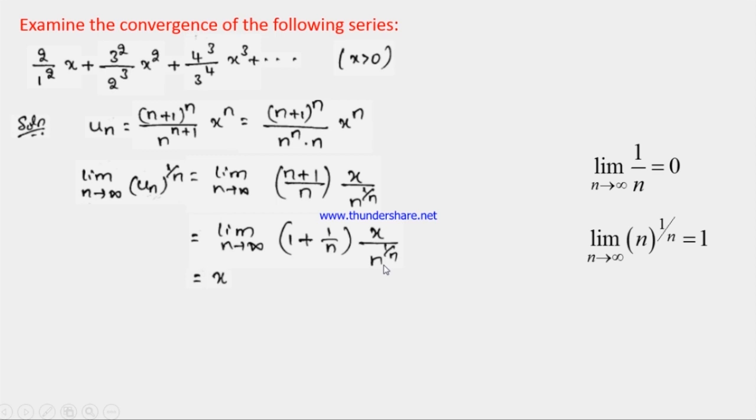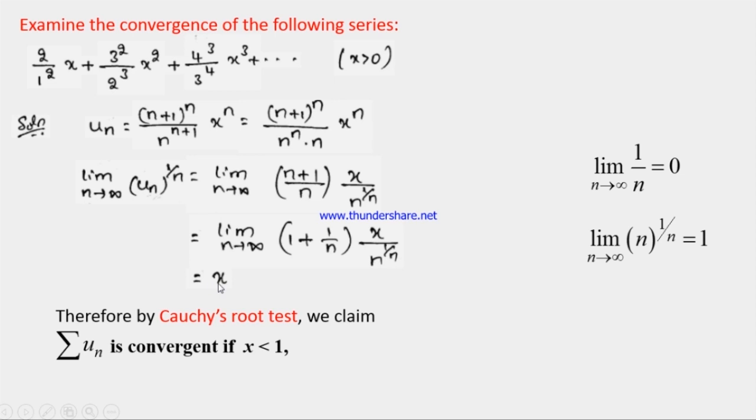So the value is just x, and since I don't know the value of x, by Cauchy's root test we claim the series is convergent if the value of x is less than 1, divergent if x is greater than 1, and we claim the test fails if x is equal to 1. In that case, we are supposed to employ some other method to handle this.